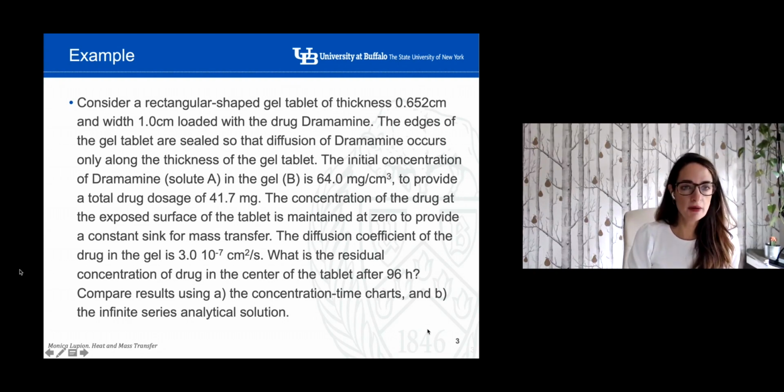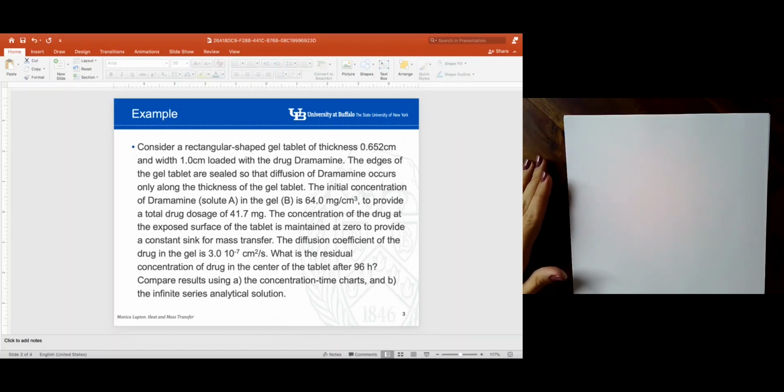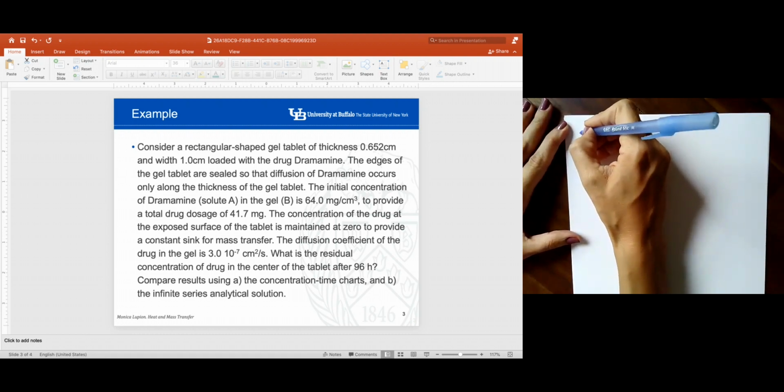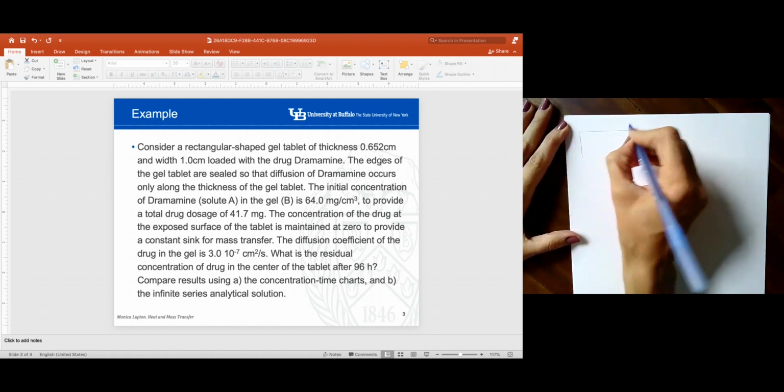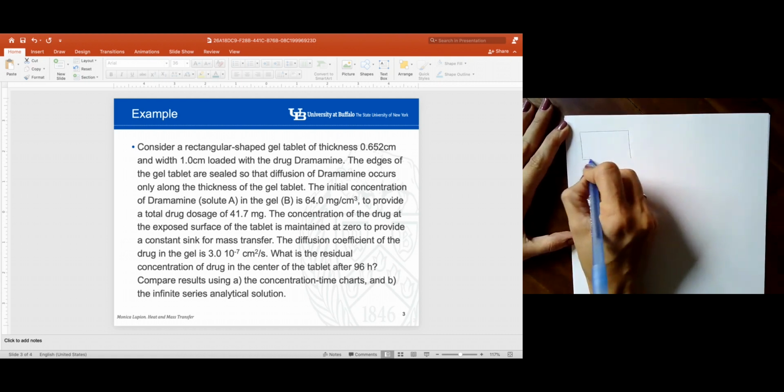Let me change the camera. Okay, so let's go now over the problem again. And I will indicate, well, first the geometry. We know that it is a rectangular shape tablet, something like this.